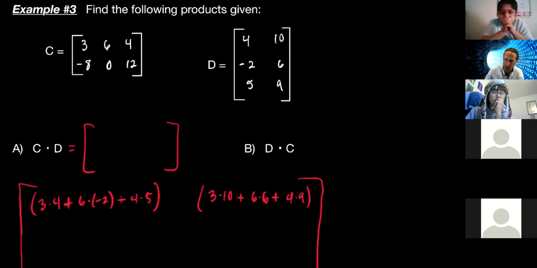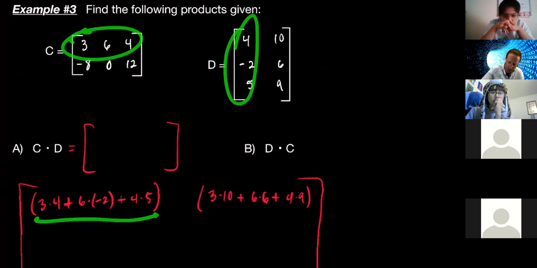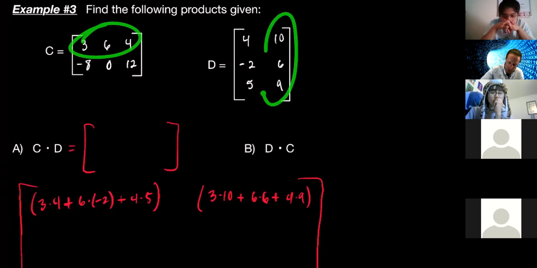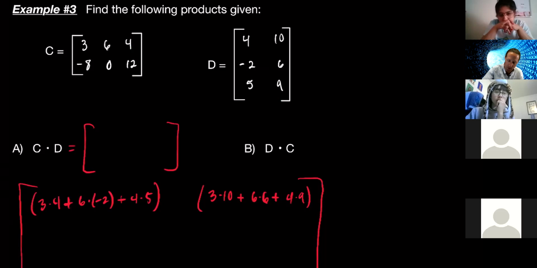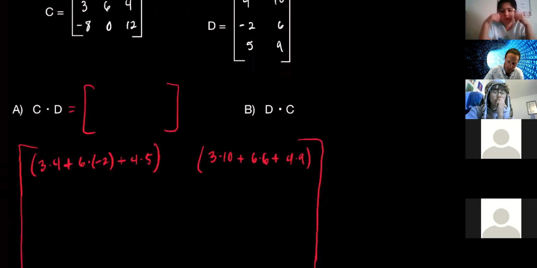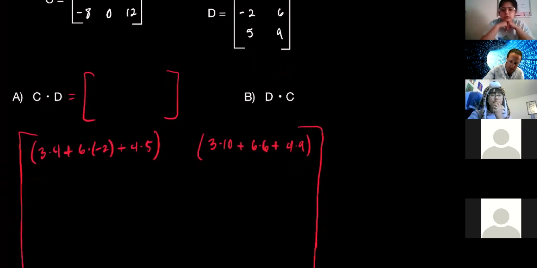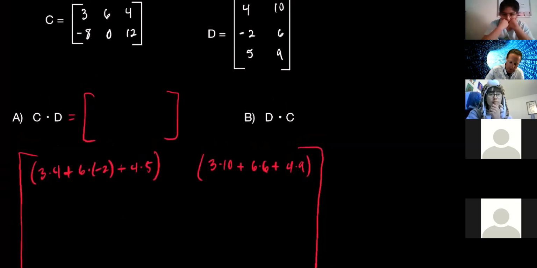Okay, and then what am I going to get? Well, I did this row with this column for here, and then I did that row with this column for here. So the only thing we haven't multiplied now is this row with this column and that column. Okay, so now I'll take the negative 8, 0, and 12 and multiply it with my column over here.